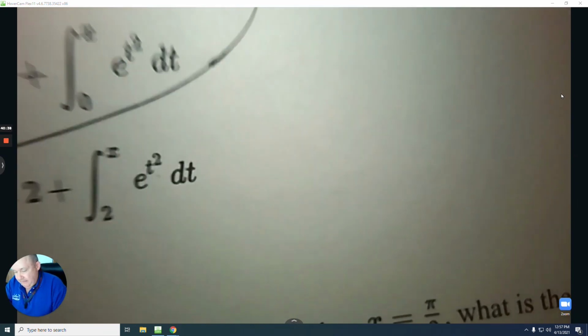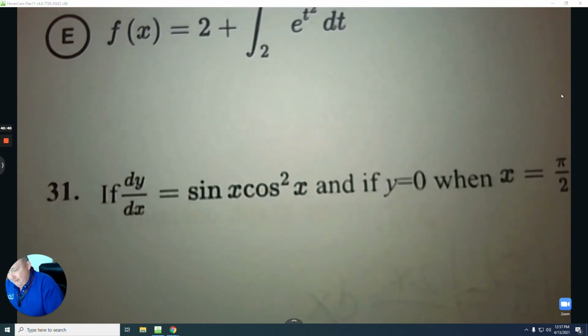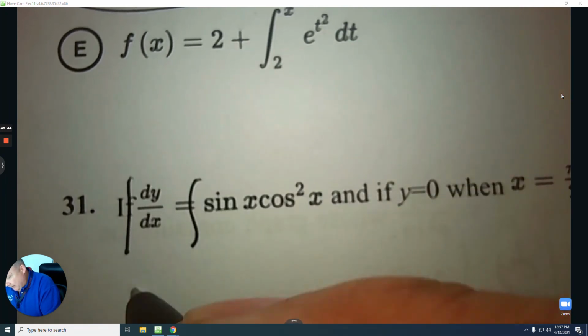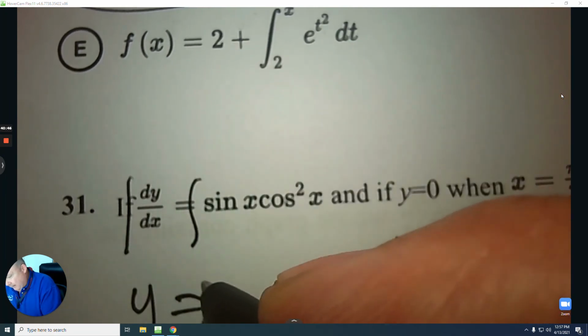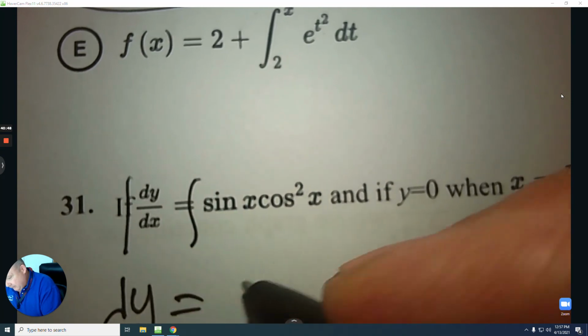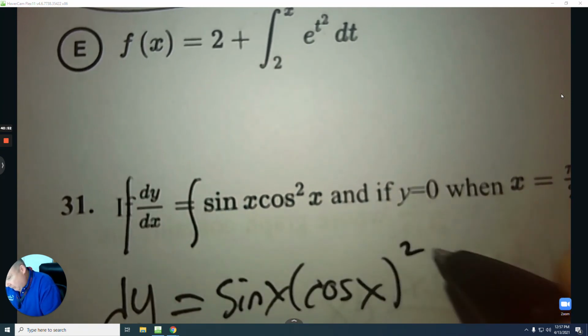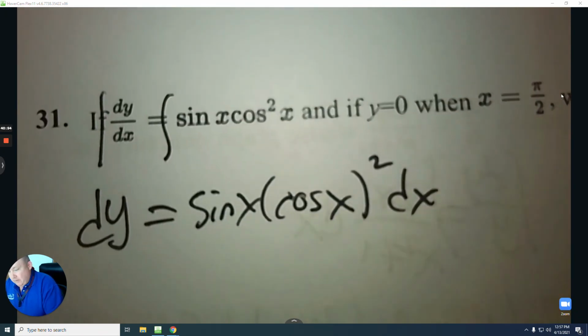31. All right. Can you solve this differential equation? So really, just integrate it. Let's do it this way: understand that this is cosine to the x squared. So the derivative of cosine is negative sine.